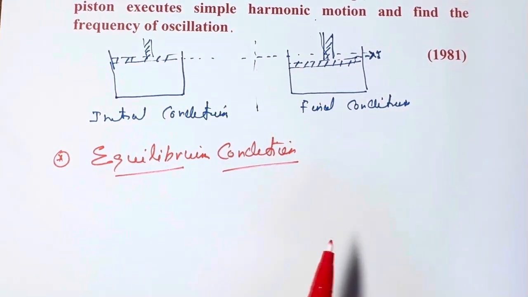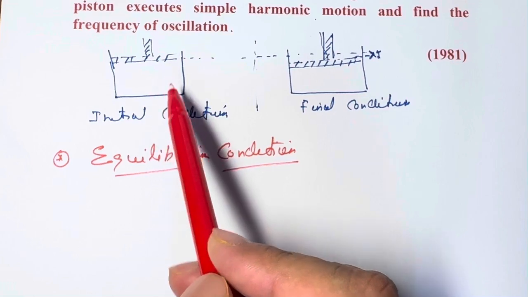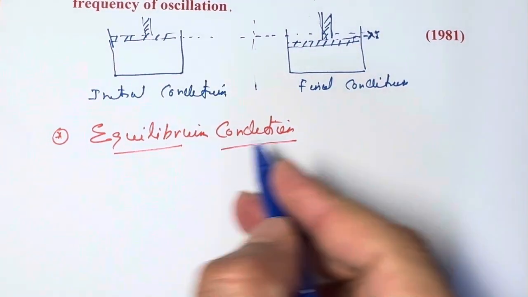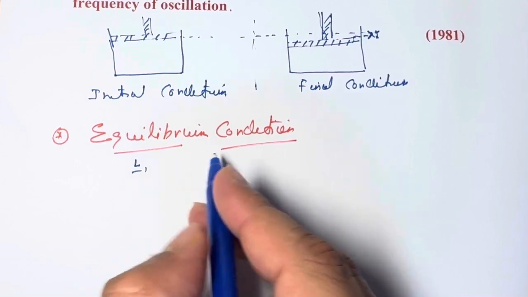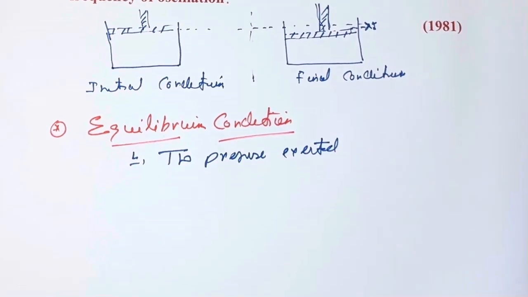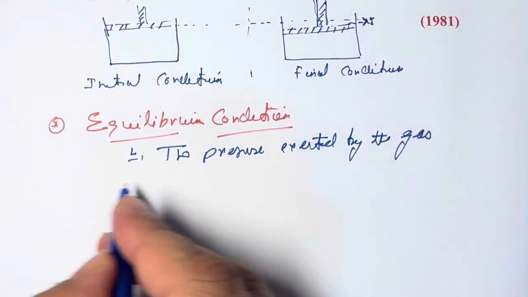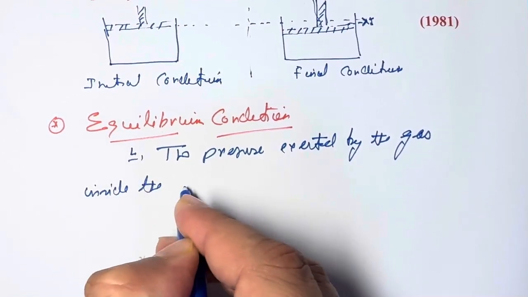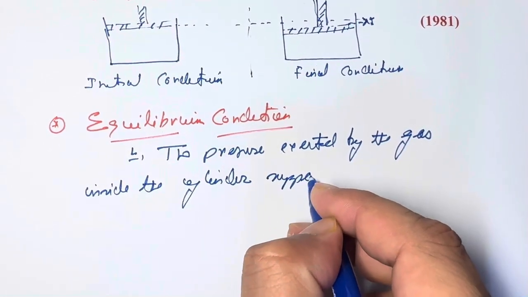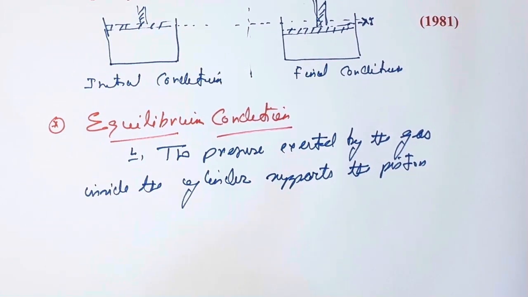Under equilibrium condition, the pressure exerted by the gas inside the cylinder supports the piston, because the piston is not moving.